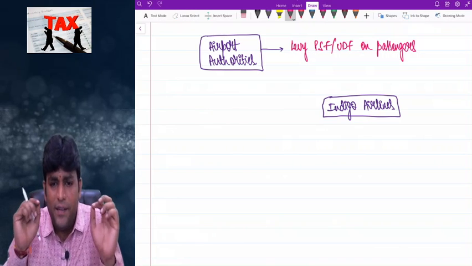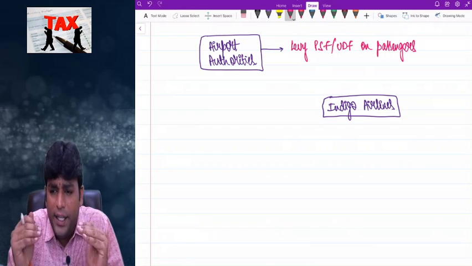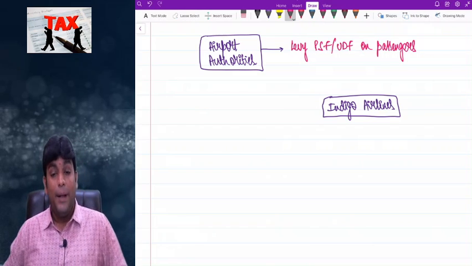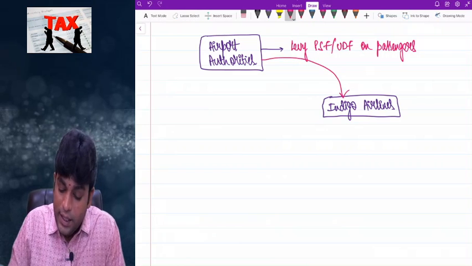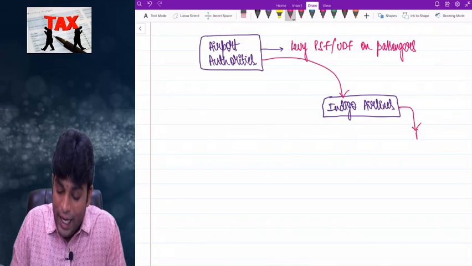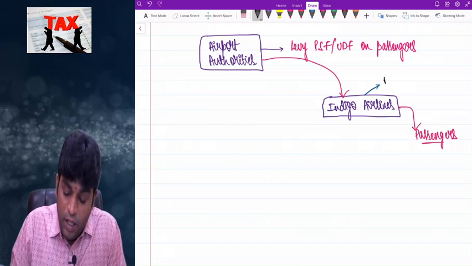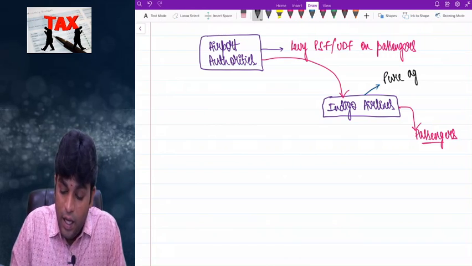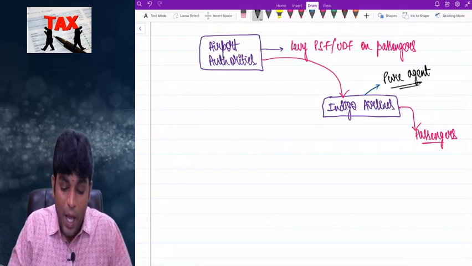This passenger service fee or user development fee is levied by airport authorities on the passengers. But the interesting point to be noted is that airport authorities collect that through Indigo Airlines. In simple terms, Indigo Airlines is acting as a pure agent.